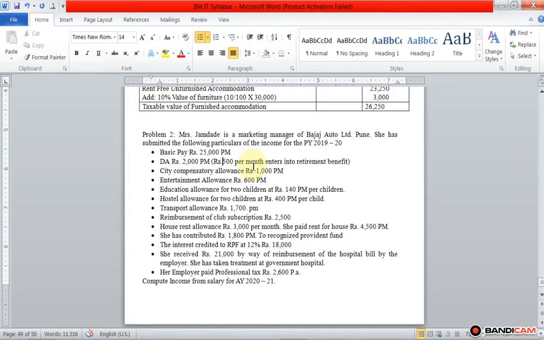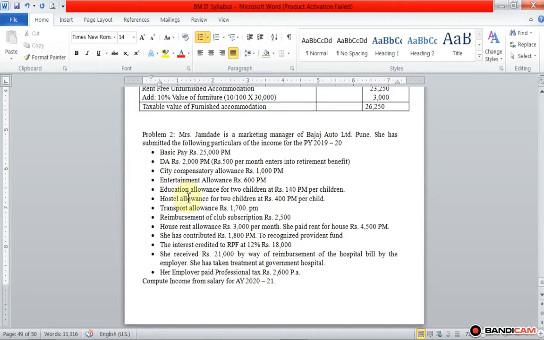Then city compensatory allowance rupees 1000 per month, entertainment allowance 600 per month, education allowance for 2 children at rupees 140 per month per child. Hostel allowance for 2 children at rupees 400 per month per child.